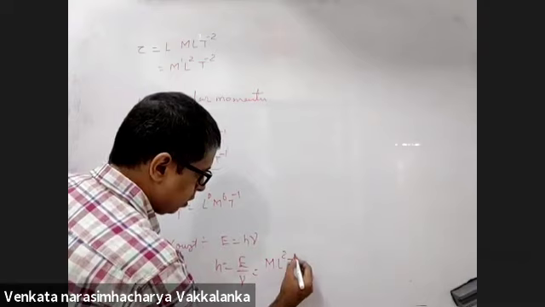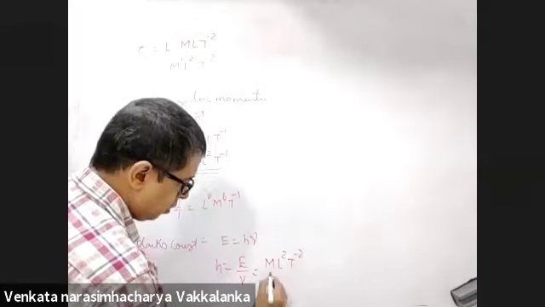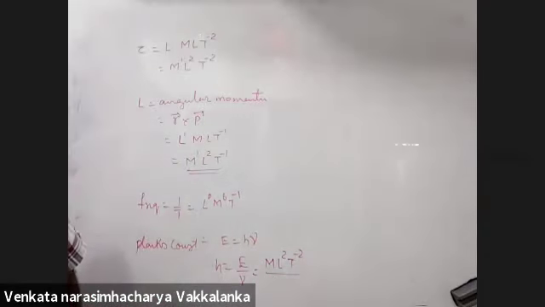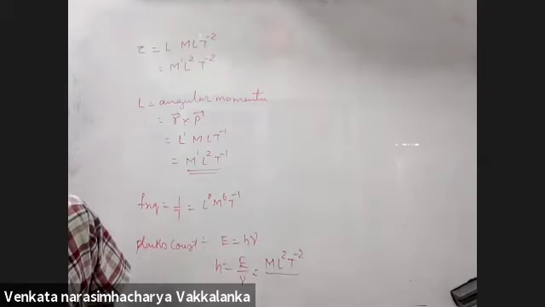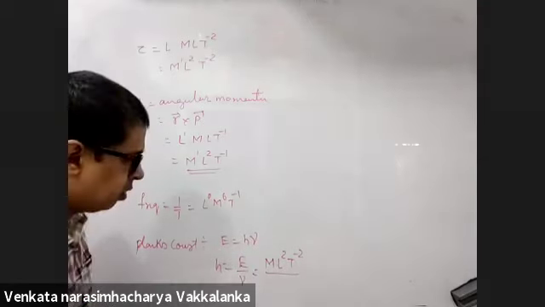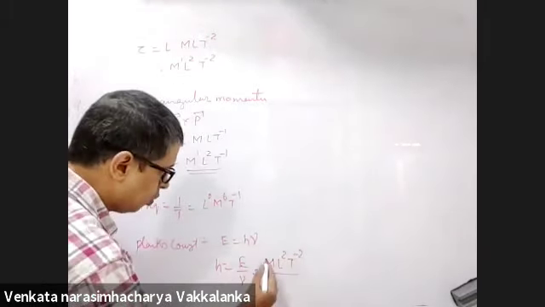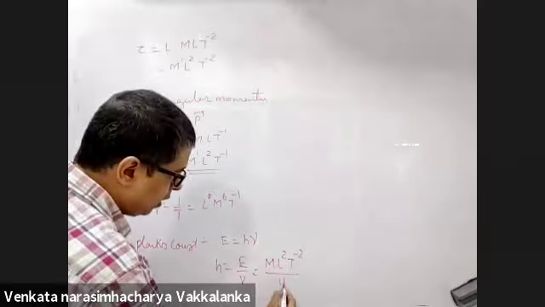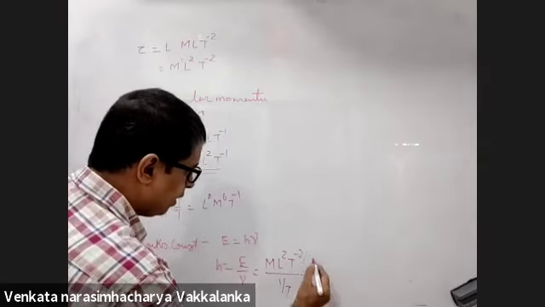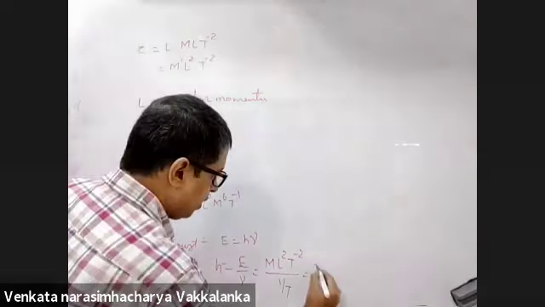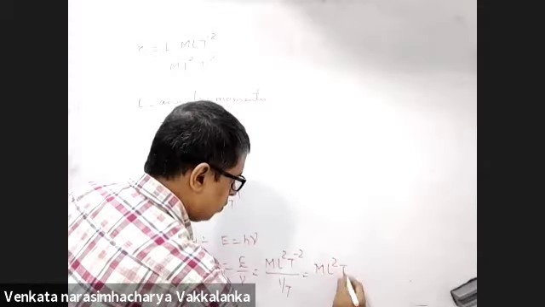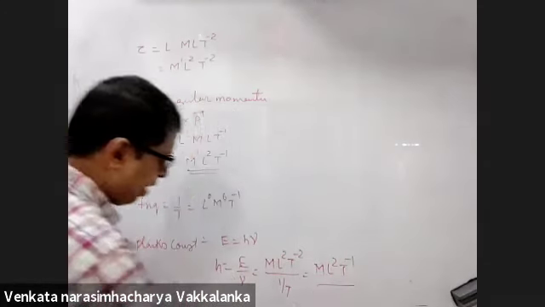M to the power 1, L to the power 2, T to the power minus 2. Frequency is 1 by T. So this will become M L square T to the power minus 1.